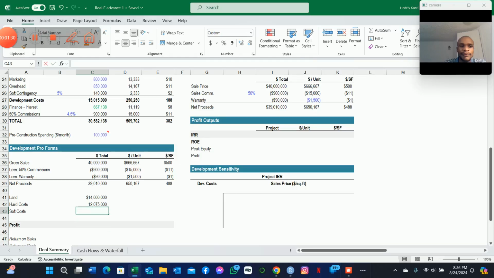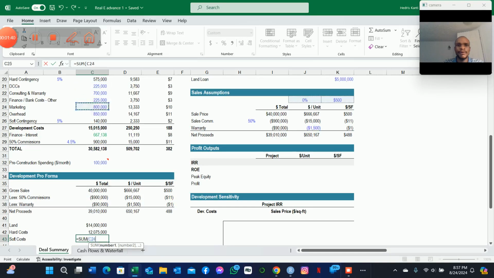We have that in place, and the soft cost, which will be equal to the sum of all of the soft costs plus we know that we had commissions and we had the interest, which we can see it now it's filling up here, which was the accrued interest we calculated already in the cash flow waterfall schedule.